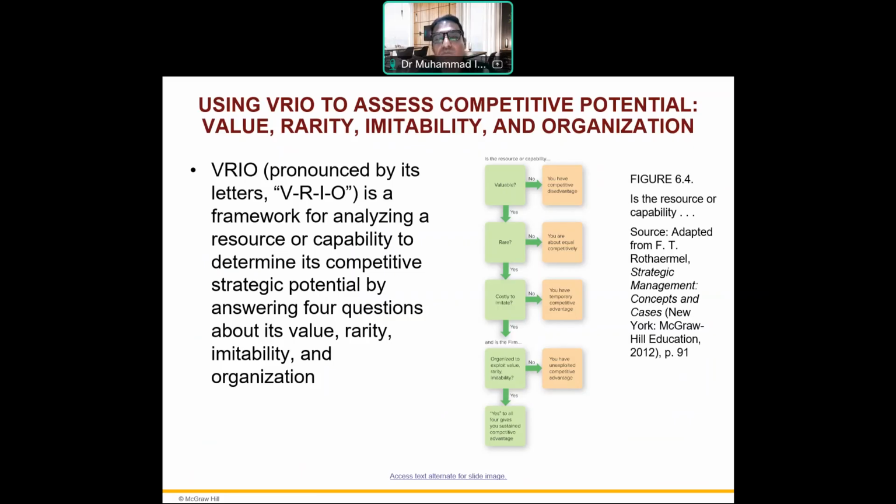But if yes, if your product is valuable, rare, costly to imitate, and organized to exploit, then you have a sustainable competitive advantage. I mean the competitive advantage which can be maintained for a long time. Understand, my dear students? So this is called the VRIO framework.